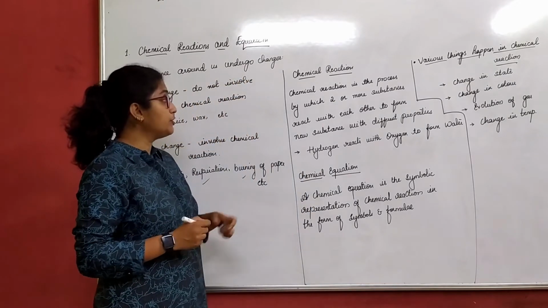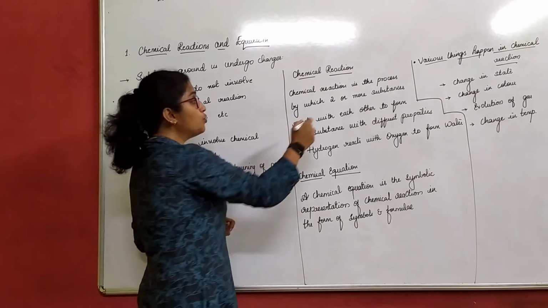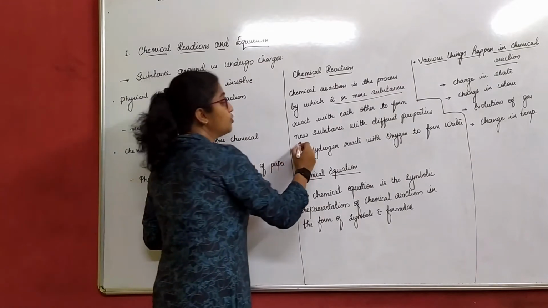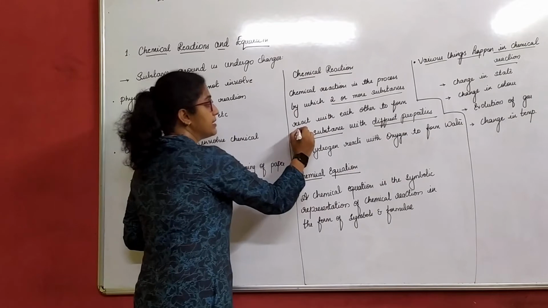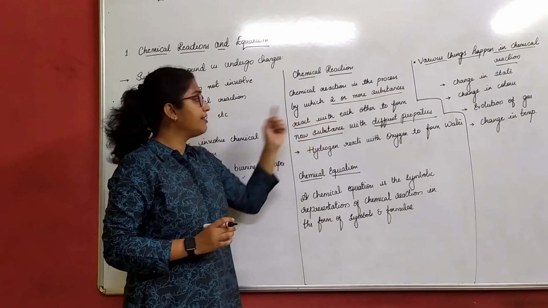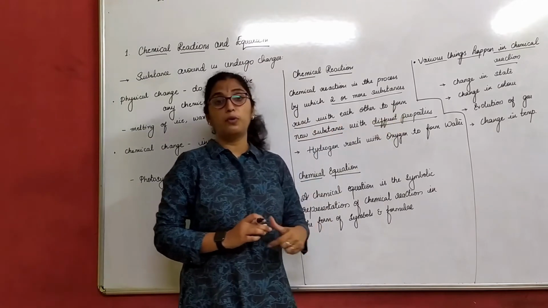How do we define it? A chemical reaction is a process by which two or more substances react with each other to form a new substance with different properties.